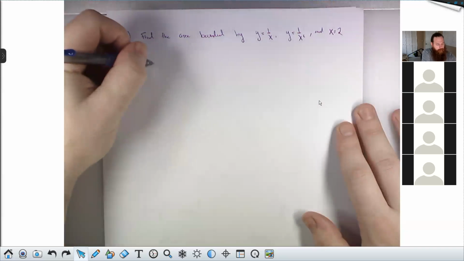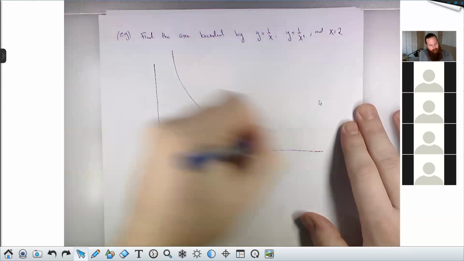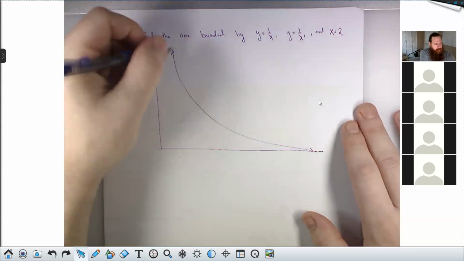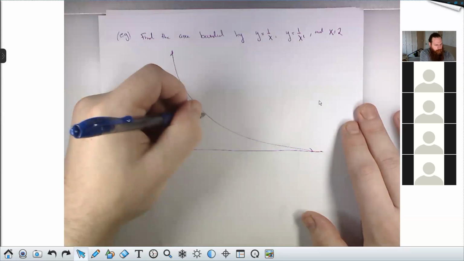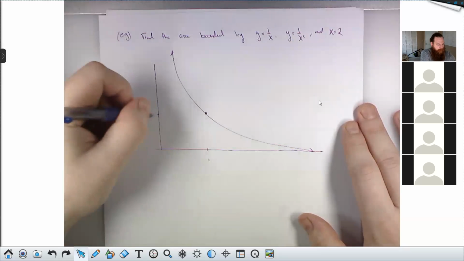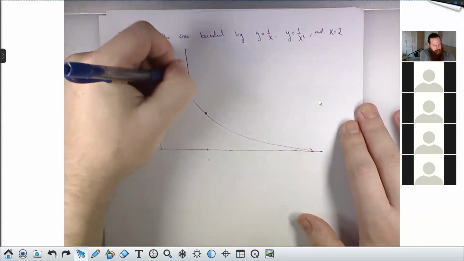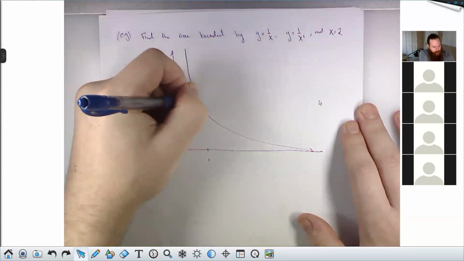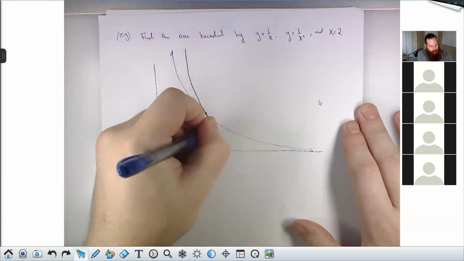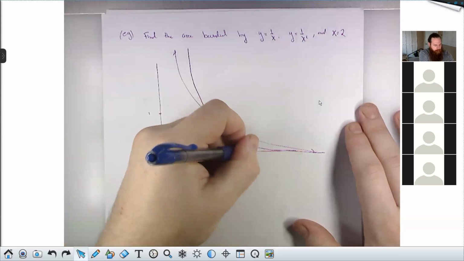So we better know what 1 over x and 1 over x squared look like. 1 over x is this hyperbola. 1 over x squared, so let's call this the point here, 1 comma 1. 1 over x squared starts out above 1 over x, but then comes in, they cross right at this 1,1 point, and 1 over x squared sits down harder. So let's call this 2.